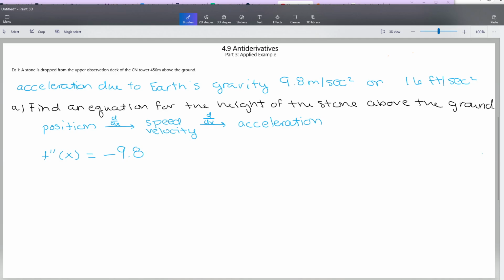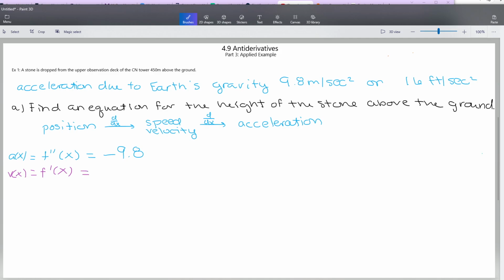So this is the second derivative, or the acceleration of the stone. Let's look at the antiderivative, which would be the first derivative. We're starting here at the acceleration and we're going backwards. So the first derivative, f prime of x, is going to be the velocity function, which tells us the speed.